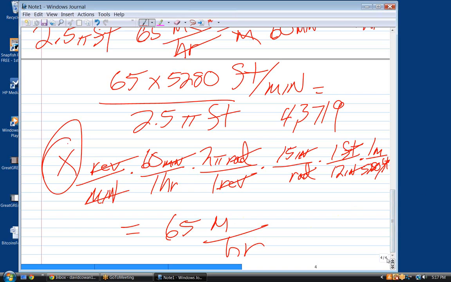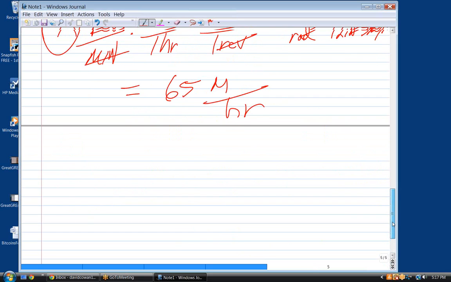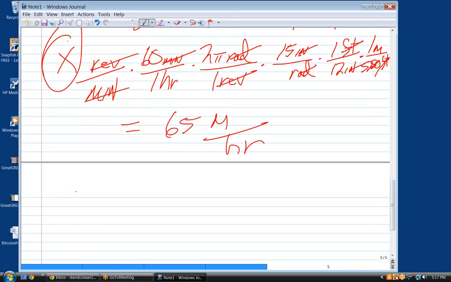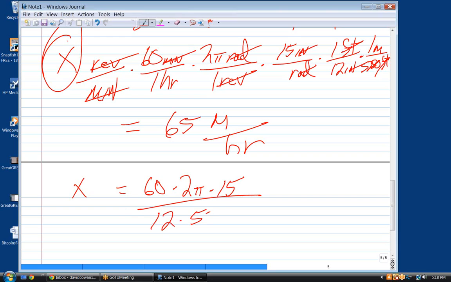So our equation has to be x is going to be equal to 60 times 2 pi times 15 in our case, all divided by 12 times 5280. And that's going to be in revolutions per minute.